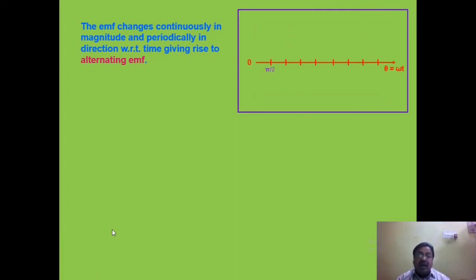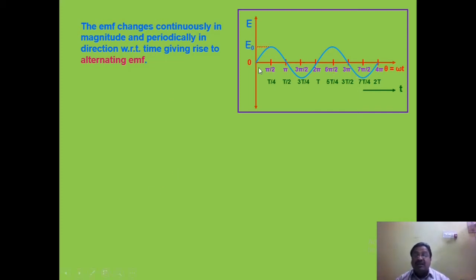Finally, if you plot a graph of omega t or time against induced EMF, you will get a graph like this. The graph shows a waveform: the EMF increases and becomes maximum at omega t equal to pi by 2, that is, after a time interval T by 4, then decreases to 0 after half the time period, then becomes maximum but in the negative direction.